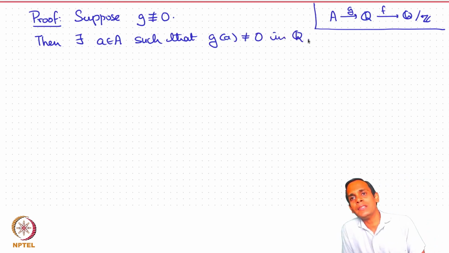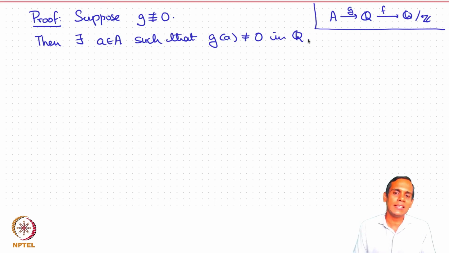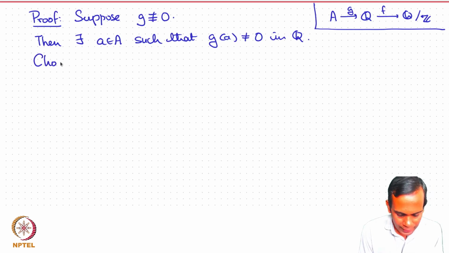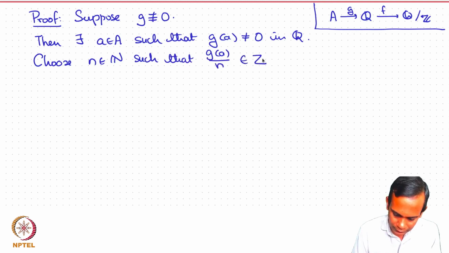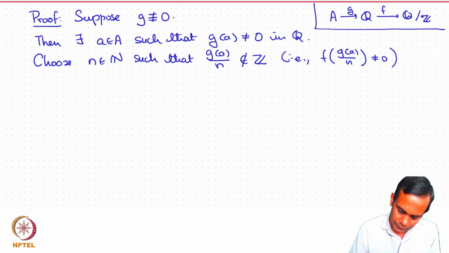Okay, now if you have any non-zero rational number, it may be an integer or it may not be an integer. But even if it is an integer, you can divide it by some sufficiently large natural number so that it is no longer an integer. So choose n, a natural number, such that g(a)/n is not an integer, i.e. f of g(a)/n is non-zero in Q mod Z. Okay, so now we'll use the fact that A is divisible.